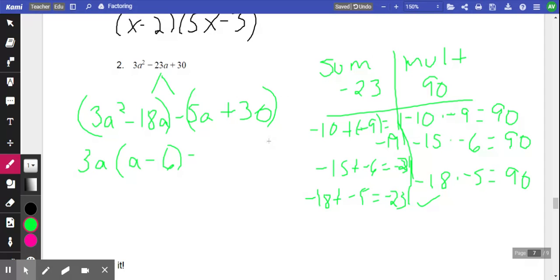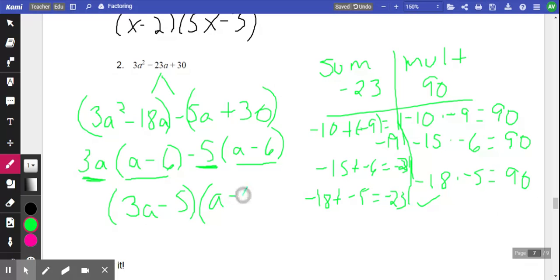The GCF between -5a and 30 is -5. -5a divided by -5 is a, and 30 divided by negative 5 is negative 6. Once again, making sure these two match is important. The way we write our answer: 3a minus 5, the two numbers from outside, and then a minus 6, the value that was inside the parentheses. And that is our final answer. All right, good work.